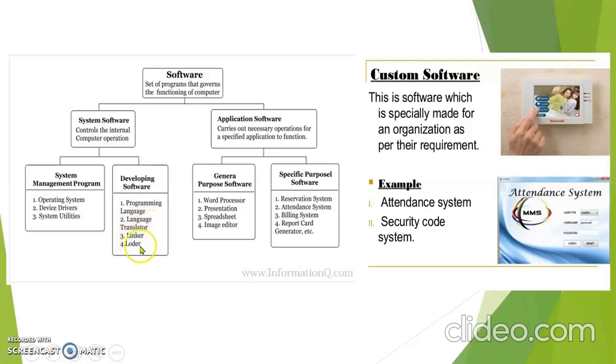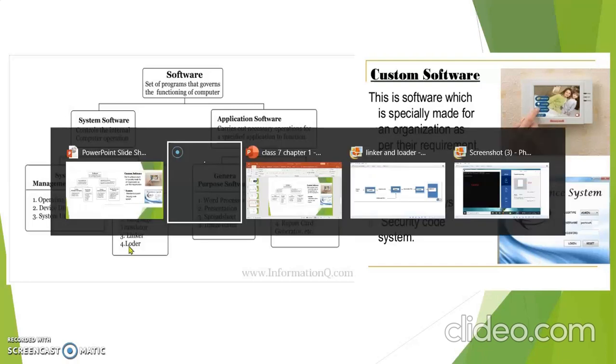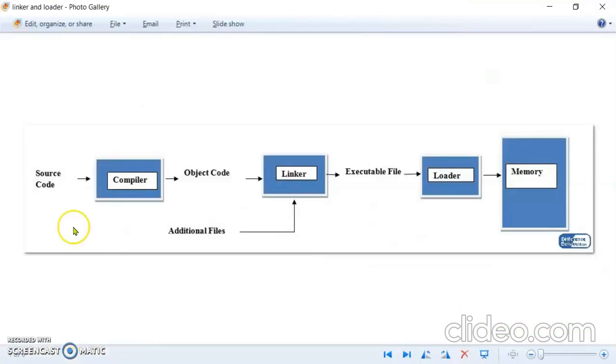Now linker and loader. Linker and loader are used in the process of execution of a file. Here we understand it by a picture. You can see here, this is the file, source code is the file. It goes to compiler, compiler makes object code, and object code is taken by linker.